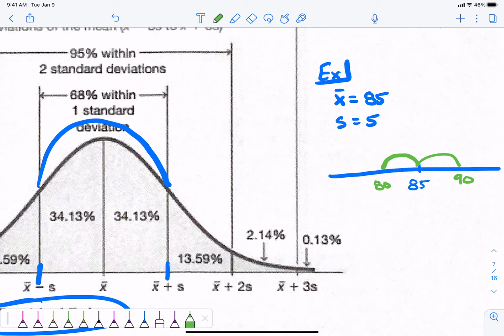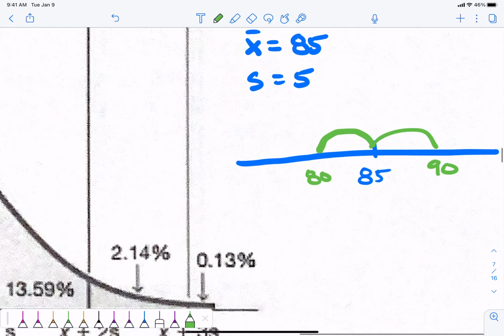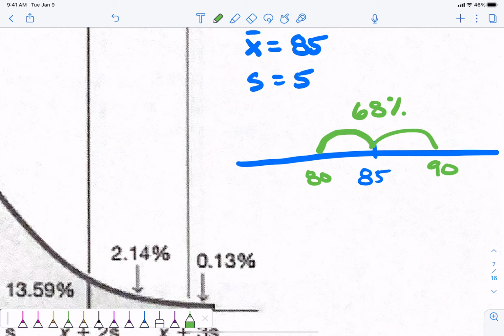And according to the empirical rule, if this data is normally distributed, do you see the bell curve? If the data is normally distributed, we can say that approximately 68% of my students scored in that range from 80 to 90. That's what the empirical rule says. Yeah? That's what he says.